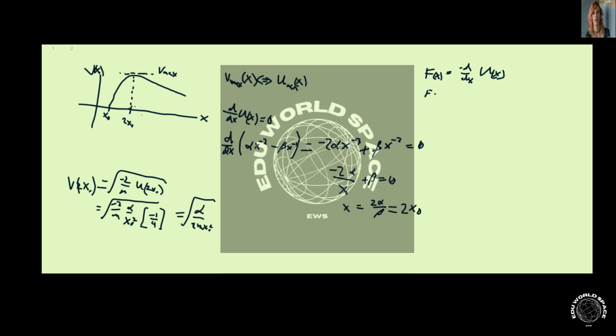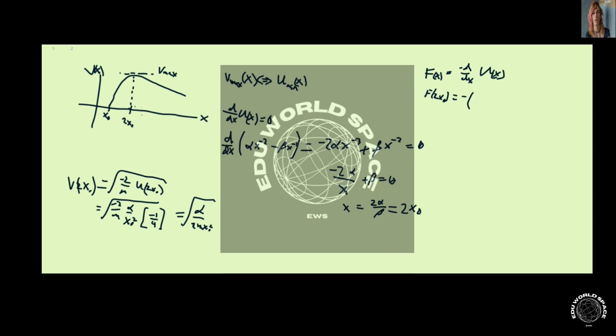So F at 2x naught, that point up there at the peak, is equal to that derivative again at 2x naught. I'm just going to break down what that is.